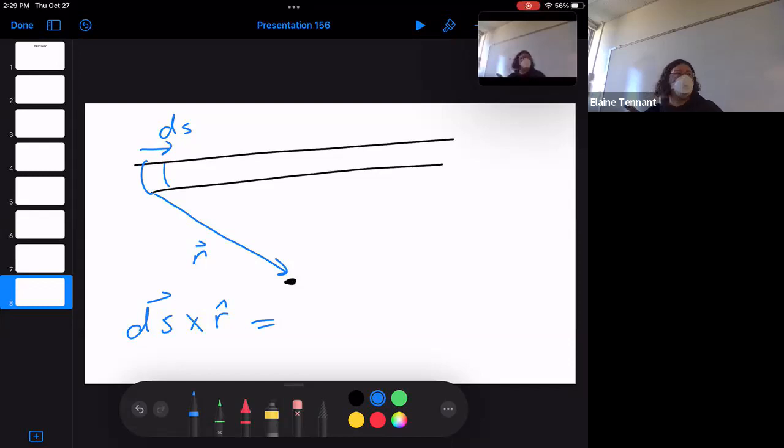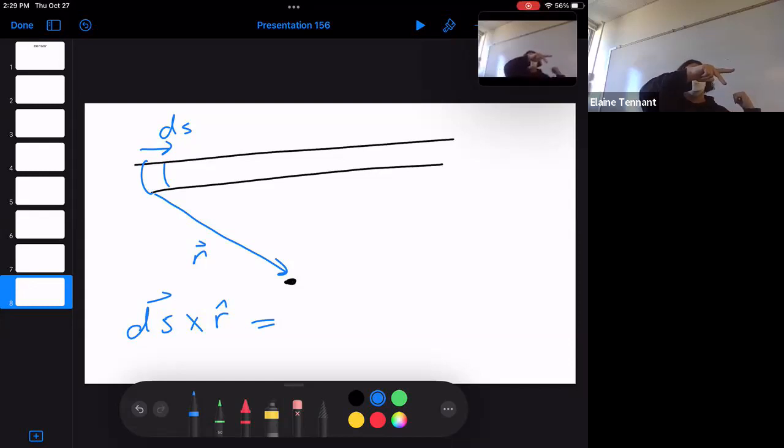I like that, you got it. ds, r hat, thumbs into the board. So we start this way with our ds. We swing our hand around until my next finger can point in the downwardish direction.